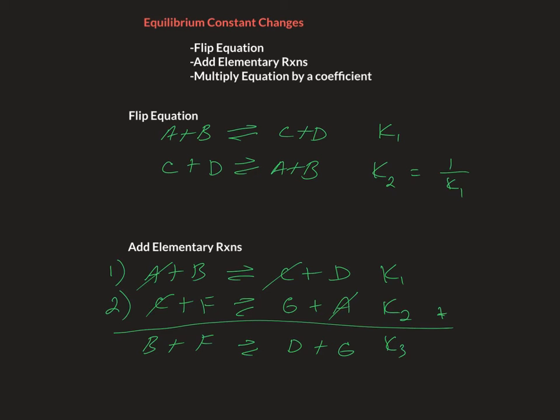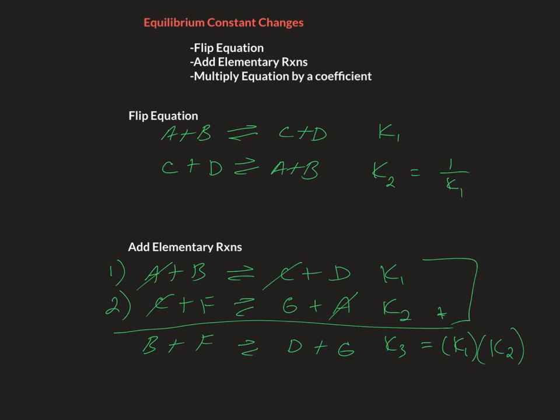It is not going to be adding up K1 and K2. In this case, when you're adding up elementary reactions, you multiply your K values. You multiply your equilibrium constants from each step. So K1 times K2 gives you K3.